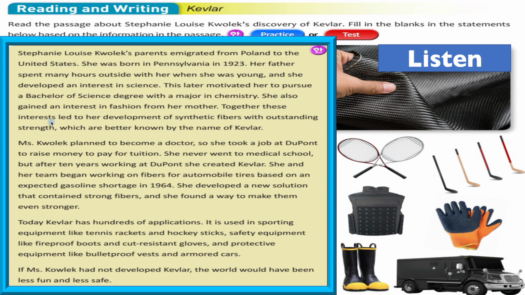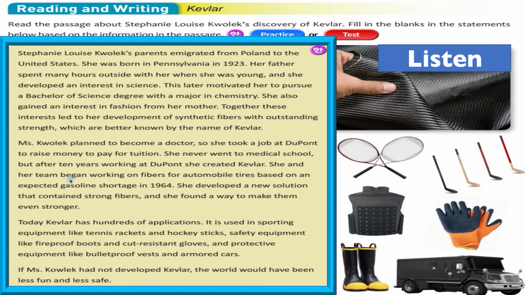Together, these interests led her to her development of synthetic fibers with outstanding strength, which are better known by the name Kevlar. Miss Kwolek planned to become a doctor, so she took a job at DuPont to raise money to pay for tuition. She never went to medical school, but after 10 years working at DuPont, she created Kevlar.